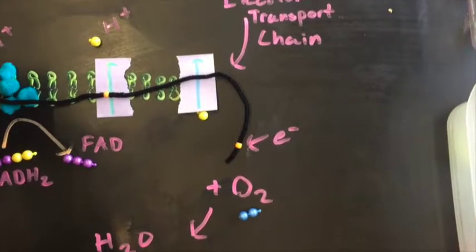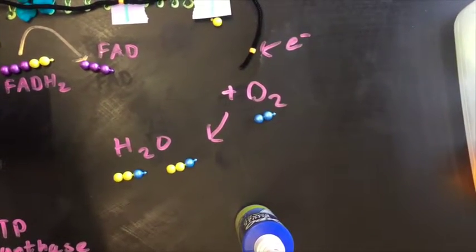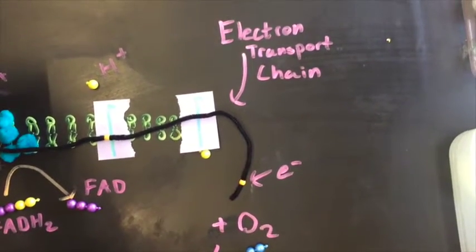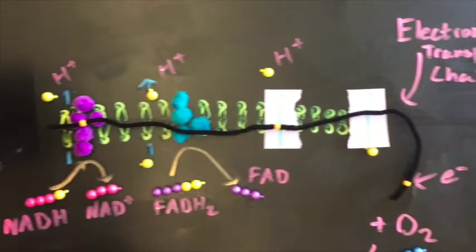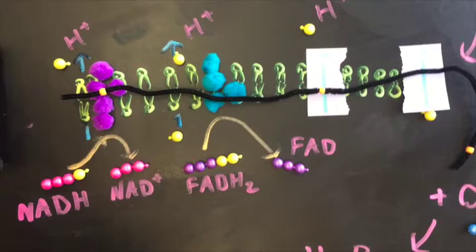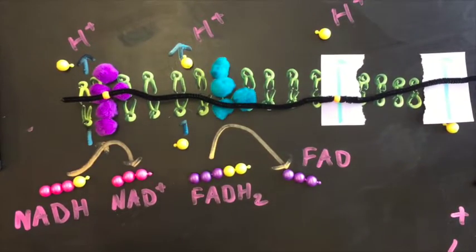This pumping establishes an electrochemical gradient. The last complex passes the electrons to O2, which splits into 2 oxygen atoms and accepts protons from the matrix to form water. And that leads us to the second part of oxidative phosphorylation, chemiosmosis.